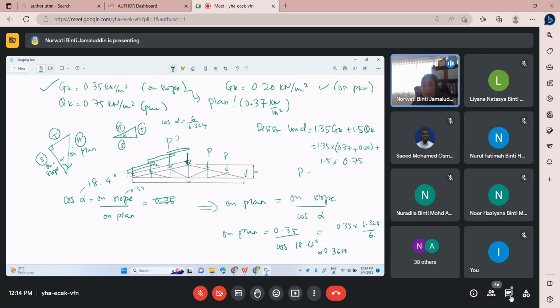So P here, in kilonewton per meter squared, but P I need in the final answer should be in kilonewton. Calculate. What is the value?